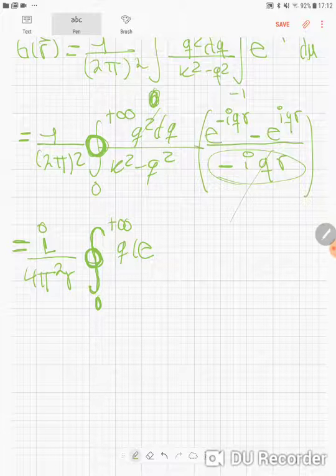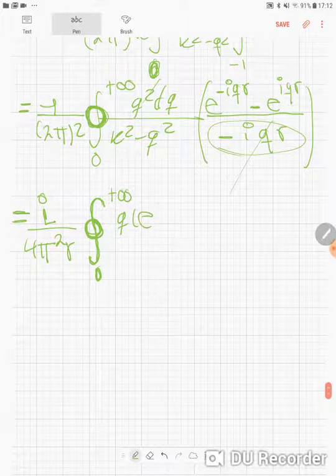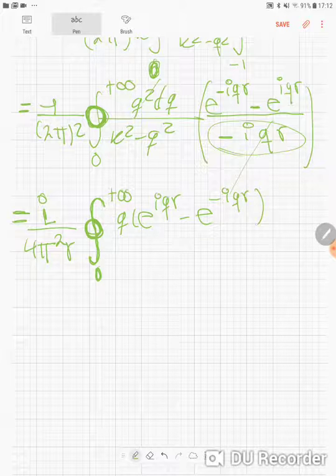Okay, and to keep this as a plus, I'm going to write it like this: e to the i q r minus e to the minus i q r, but downstairs I'm going to write q squared minus k squared. Okay, and this is the integral that I'm left with to actually evaluate with respect to q.